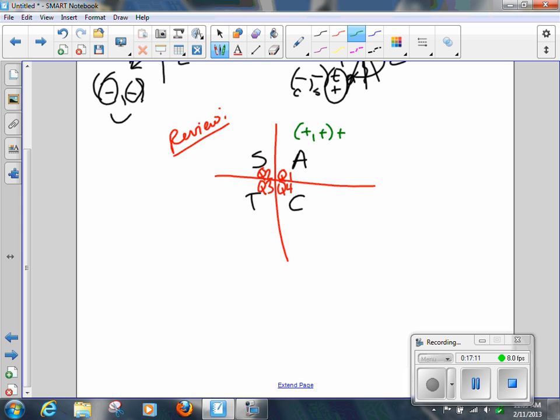So what's the ordered pair? Minus, plus. If I already have a plus, the other one has to be what? Negative. The exception to the rule is the first quadrant. In Q2, 3, and 4, you can only have how many positives? 1. Very good. You can only have 1.